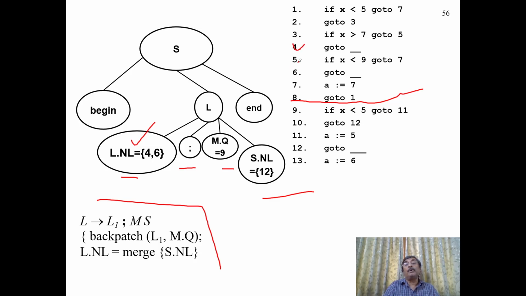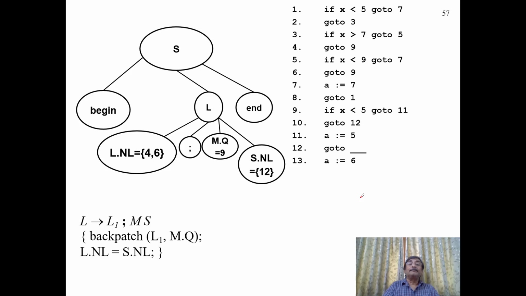Line number 4 and line number 6. How do I know? I know that for sure because L.NL is 4 and 6. So what should be the targets of these go-tos? The targets will be the beginning of the if then else statement. So make them 9. So these are taken care of. Whatever is remaining in S dot NL, you have to carry it forward to this S.